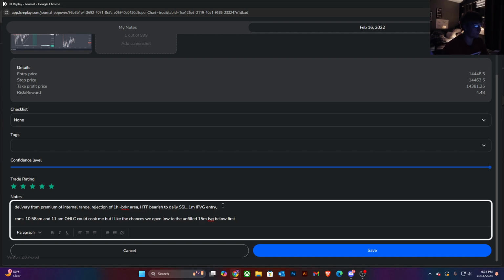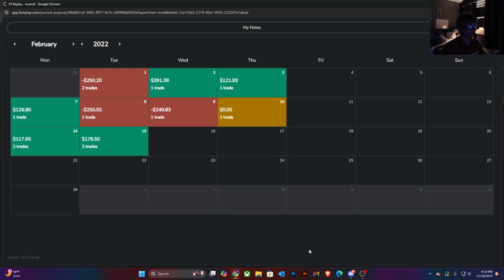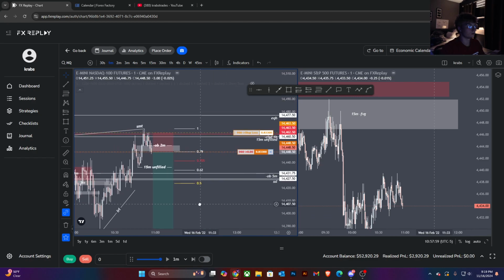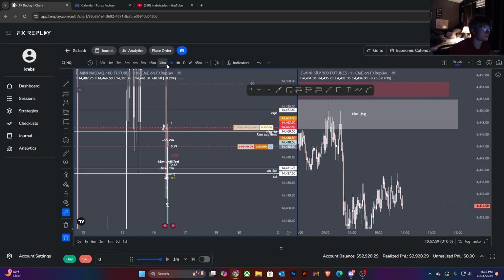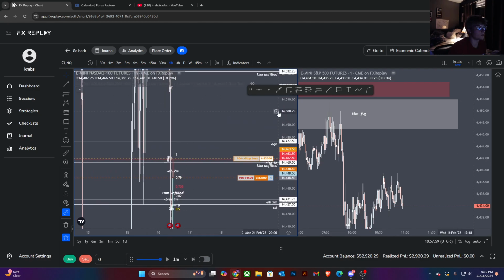Also unfilled 15-minute fair value gap below. But it looks good. Retop of hourly breaker.